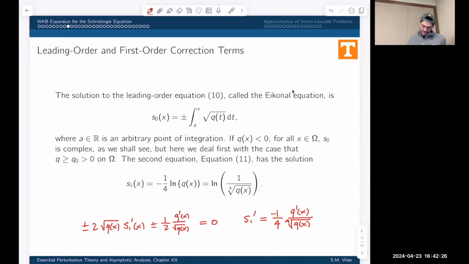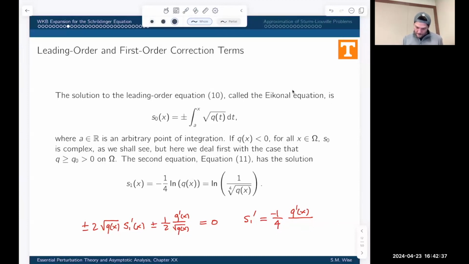No, because you... let's see. Oh, no. Yeah, divide, so it becomes 1 in q. You're right.